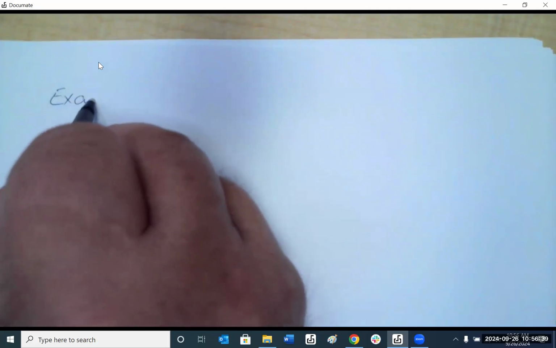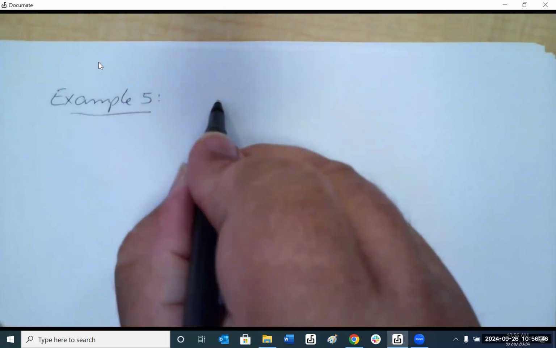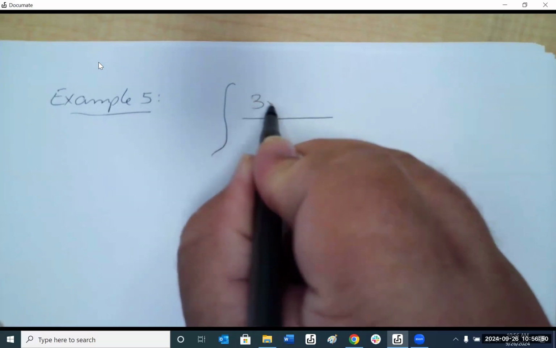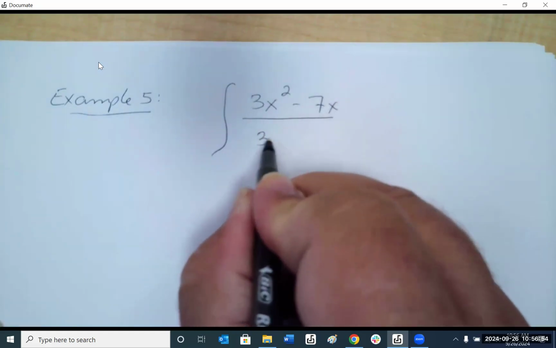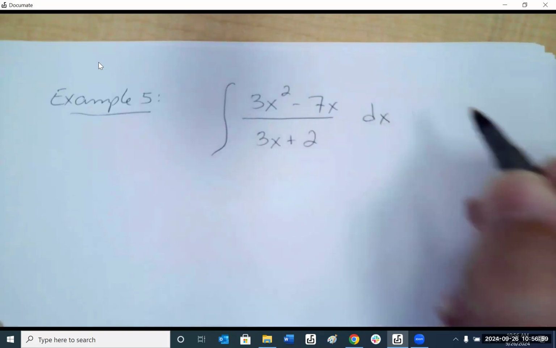All right, let's look at the next type of example. Example 5. The indefinite integral of 3x squared minus 7x over 3x plus 2 dx.